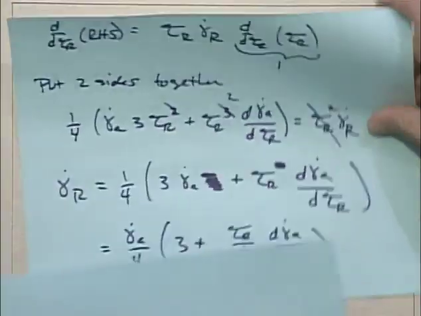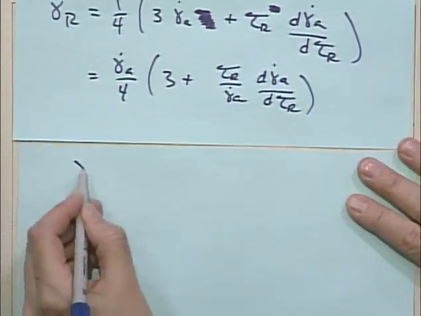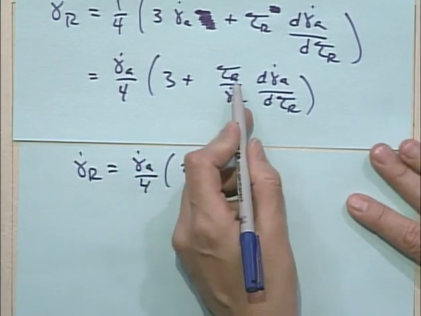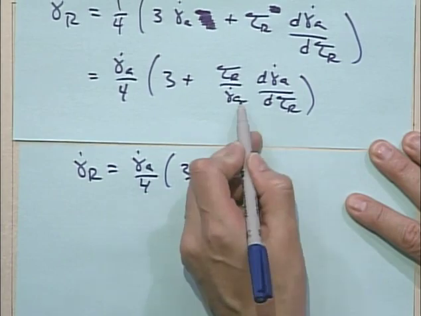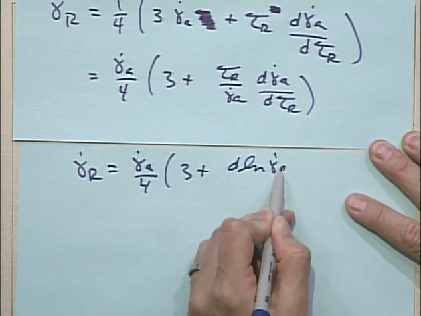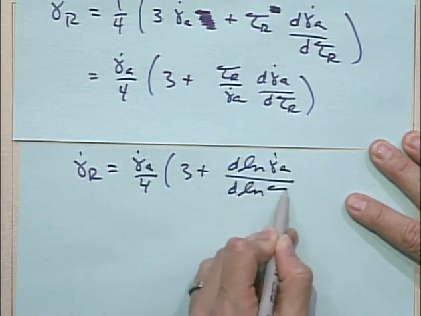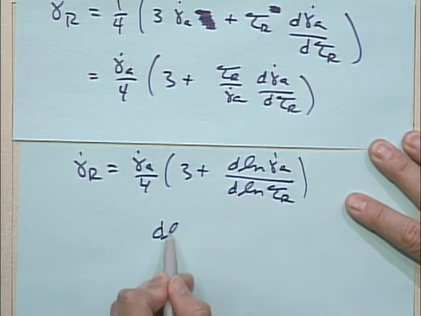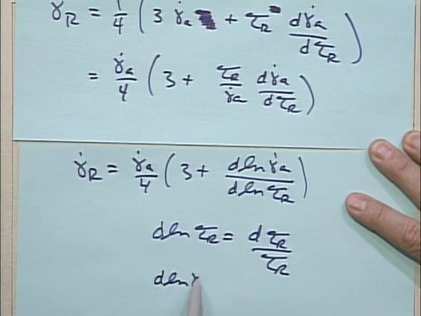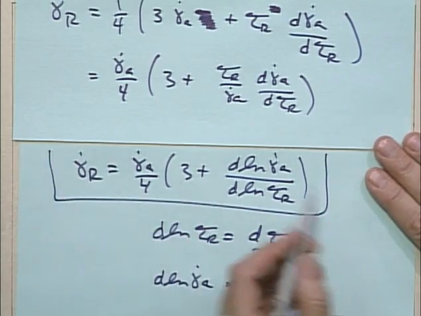And we can write that as gamma dot r equals gamma dot apparent over 4 times 3 plus d natural log gamma dot a over d natural log tau r, because d natural log tau r is equal to d tau r over tau r, and d natural log gamma dot a is d gamma dot a over gamma dot a. So this is my final expression.